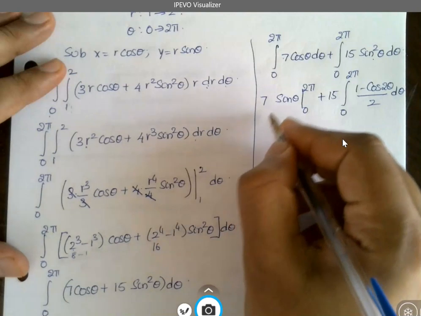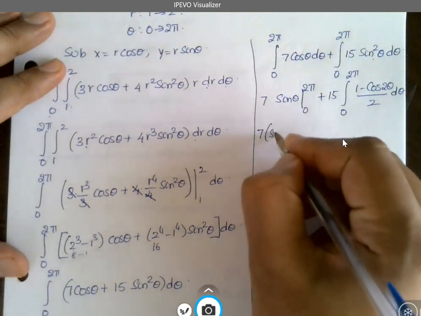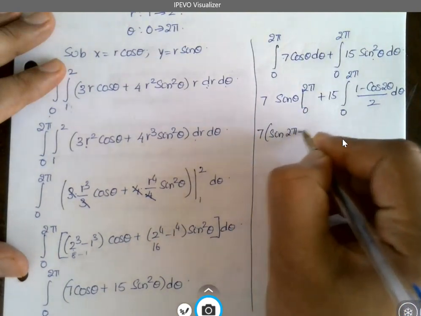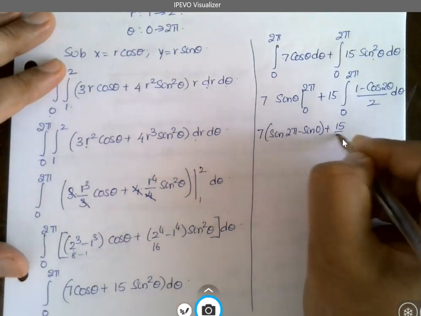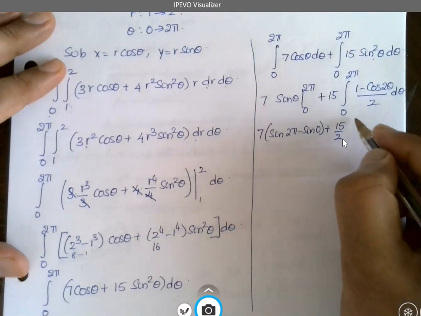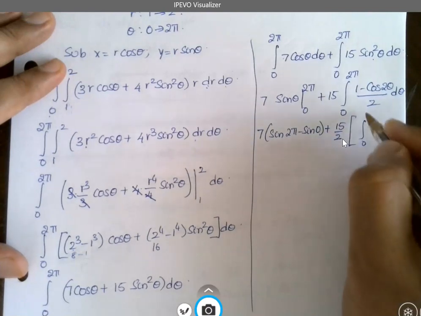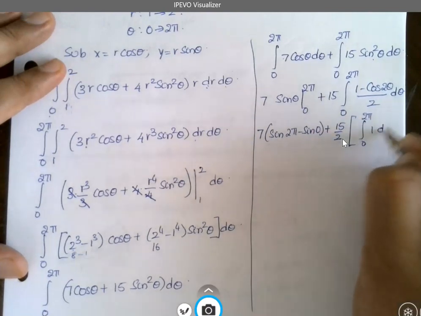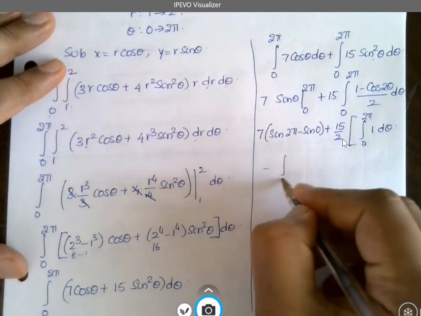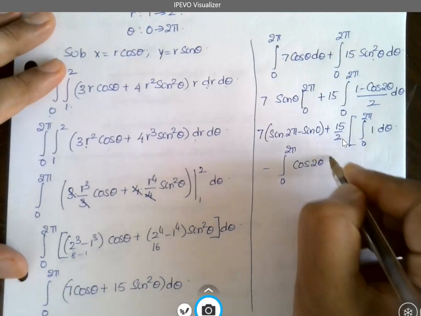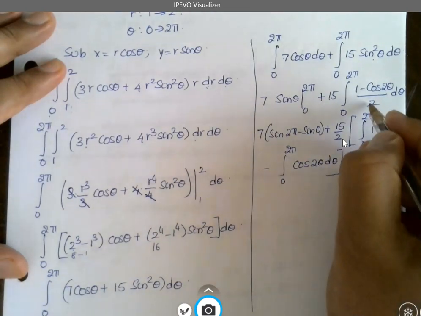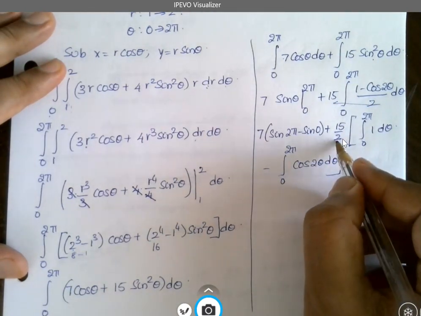Okay, so this is going to be 7 times (sine 2 pi minus sine 0), plus 15 over 2 times the integral from 0 to 2 pi of 1 d theta minus the integral from 0 to 2 pi of cosine 2 theta d theta. I hope you saw that. I pulled the 2 outside and made it 15 over 2.